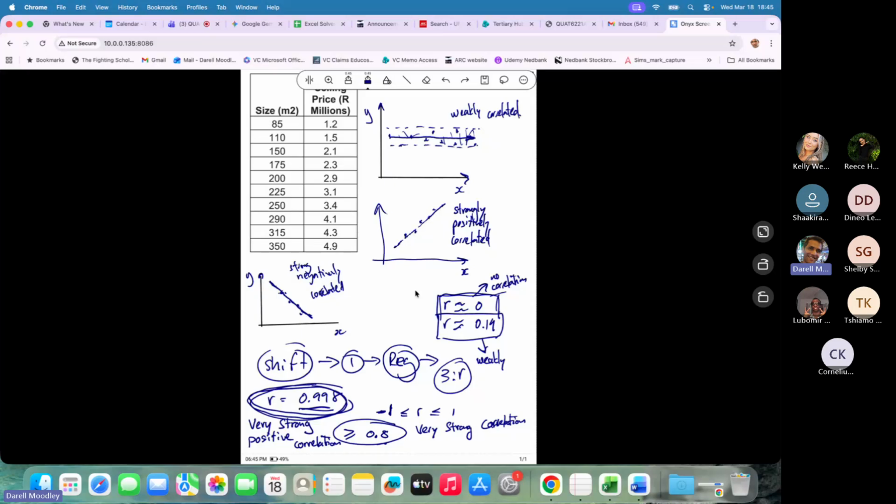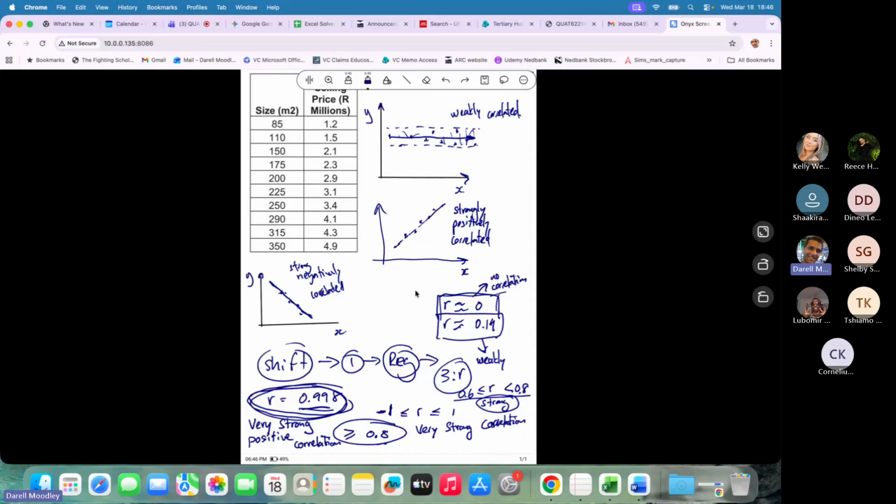If you get a value less than 0.8 but bigger than 0.6, then this is a strong correlation. And anything below 0.6, you can say moderate. Weak is anything below 0.2. Just so you know.